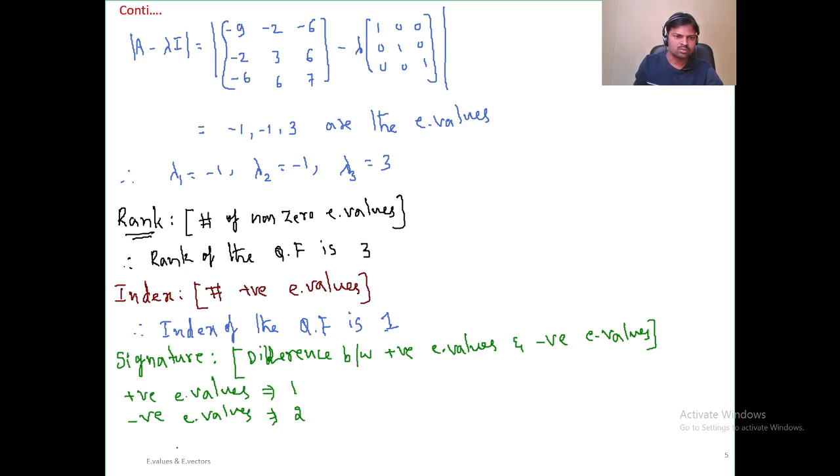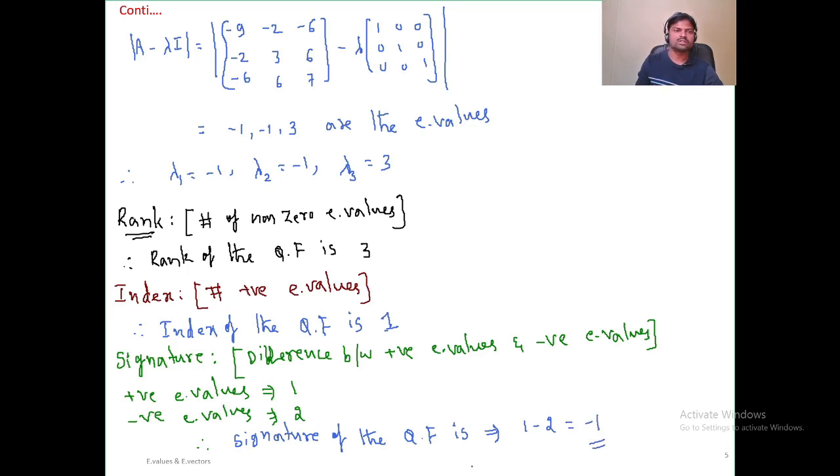So finally, the conclusion is that the signature of the quadratic form is: positive eigenvalue count is 1, negative count is 2, so 1 minus 2 is minus 1.